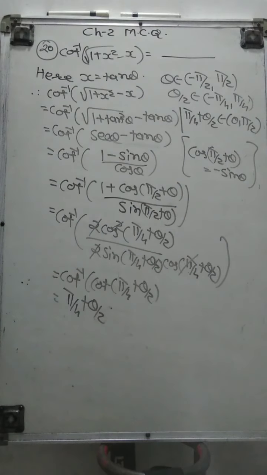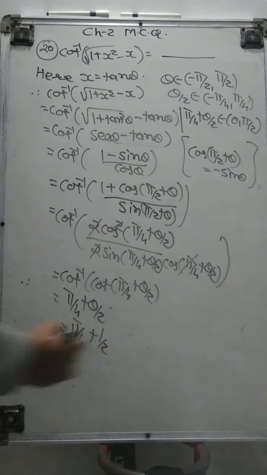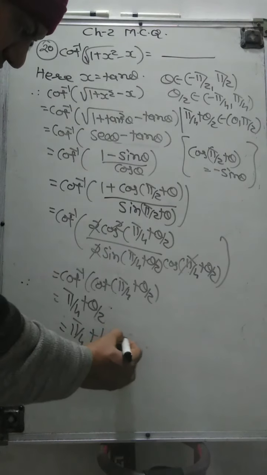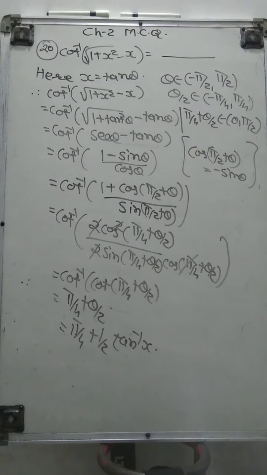Therefore we directly put this. Now pi by 4 plus 1 by 2 cos inverse x, since theta is equal to cos inverse x. So this way we can obtain the answer. Right? Now we go for the next one.